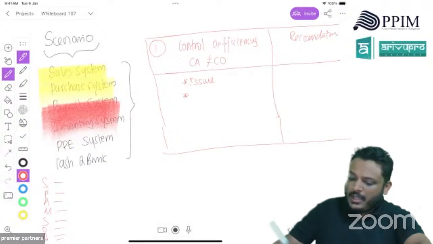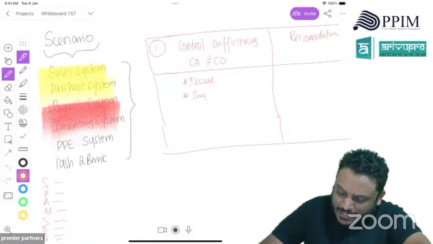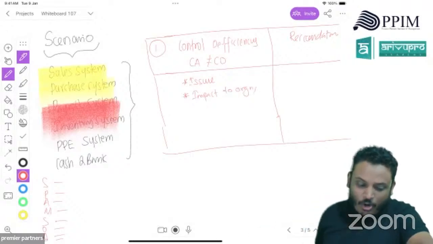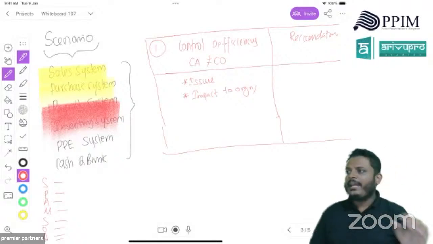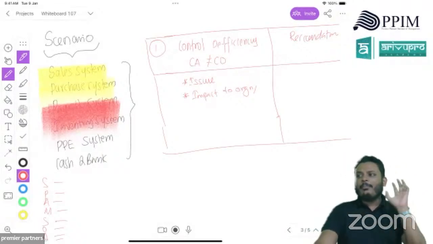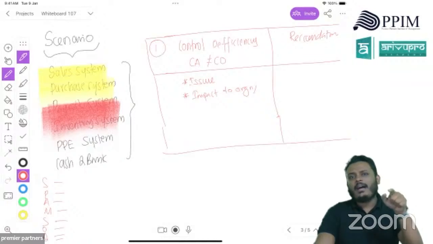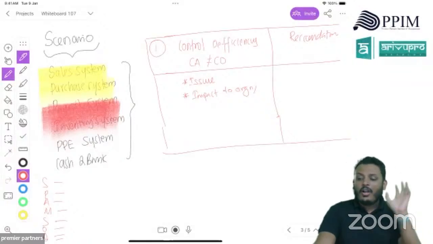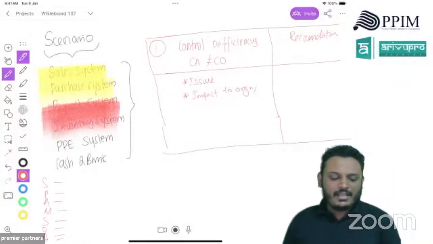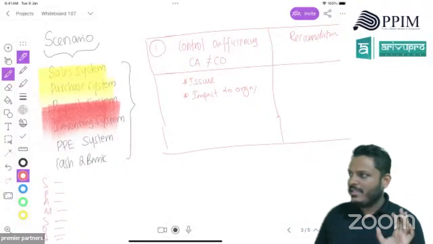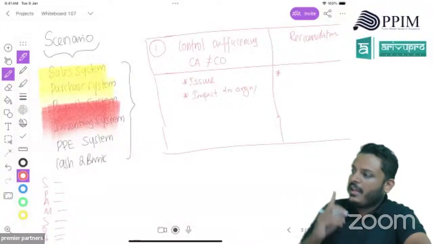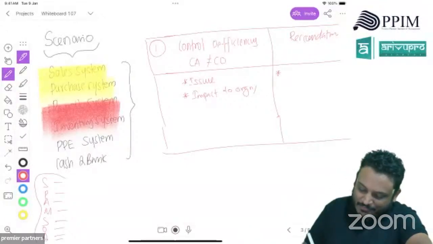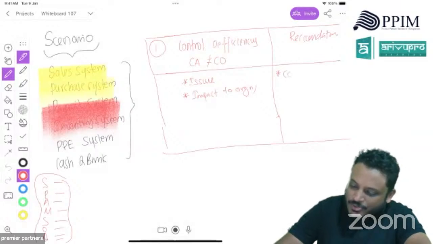Second one, impact to the organization. For audit risk, the impact is on the financial statements, but here we are writing the impact on the organization. Is that clear? And when it comes to recommendation, don't forget one thing. Recommendations are controls.